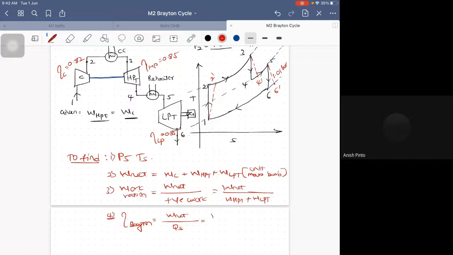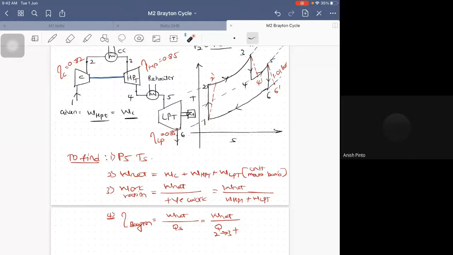QS is Q 2 to 3 plus, since you are adding heat in two different segments: one in the combustion chamber and the other in a reheater. So you have to consider these two together.